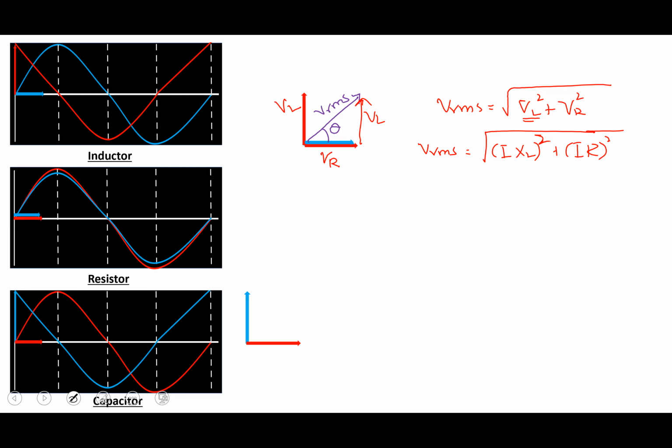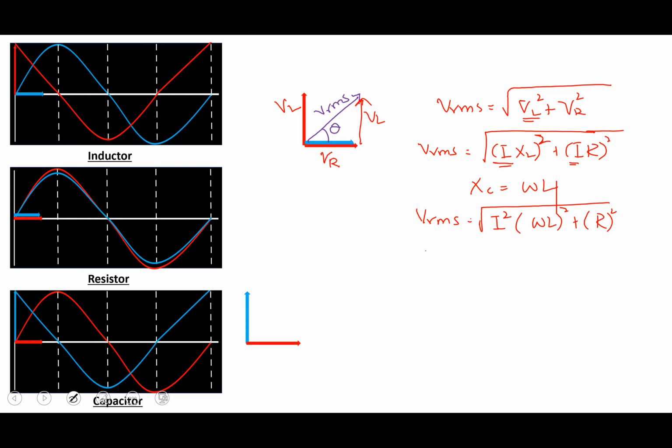We know that XL is equal to omega L. Let's take I common, so it will be I times the square root of omega L whole square plus R whole square.